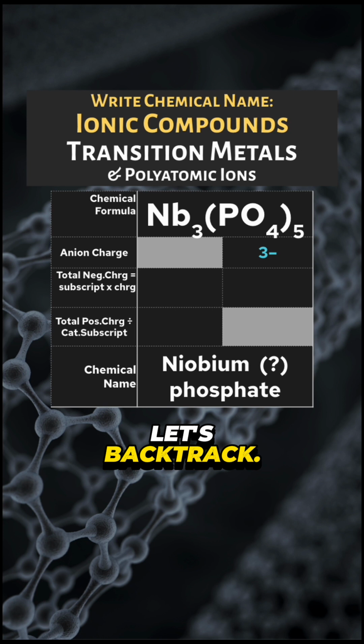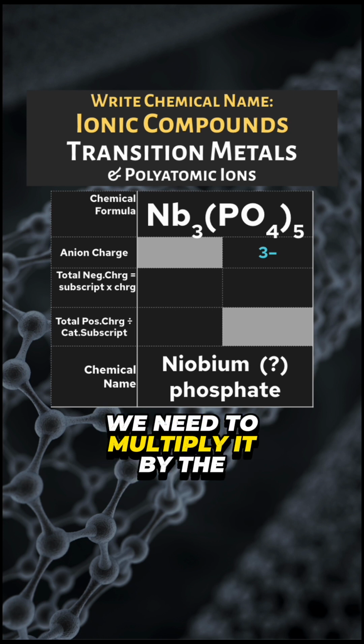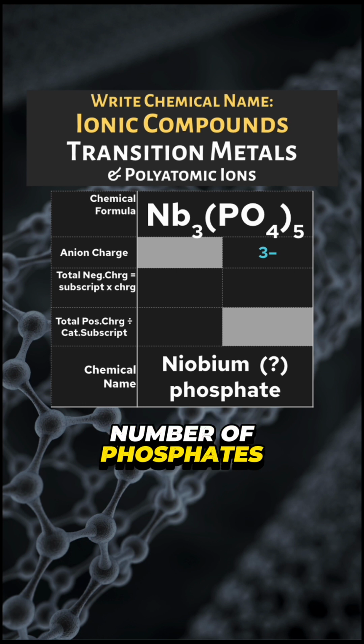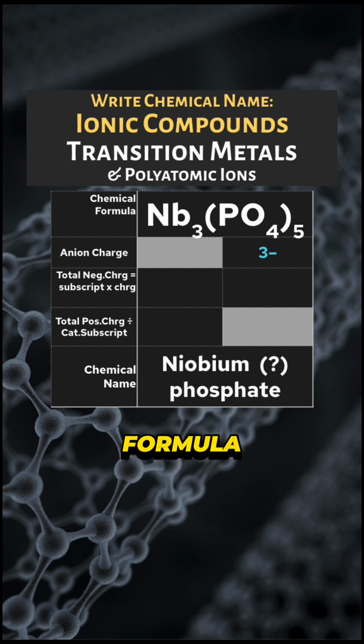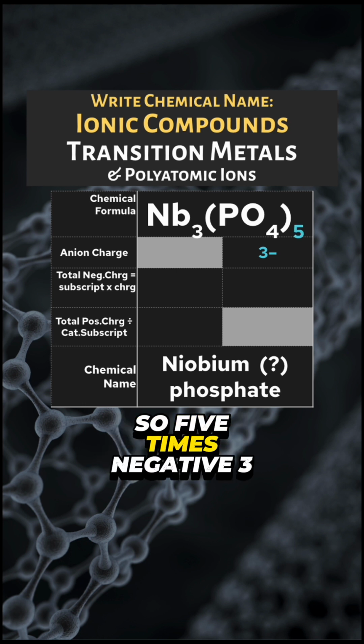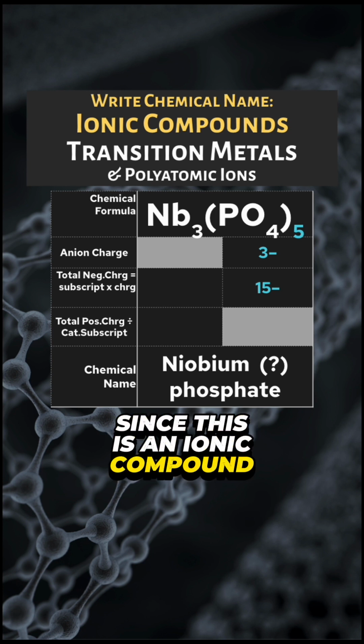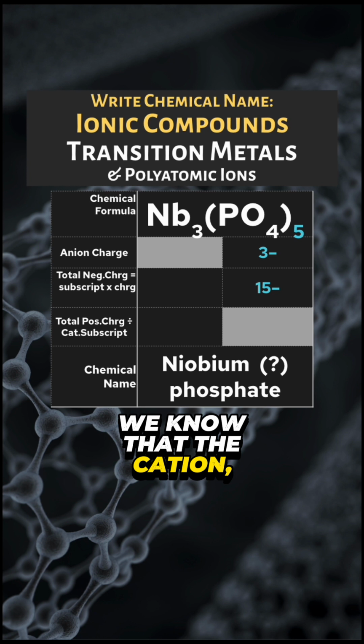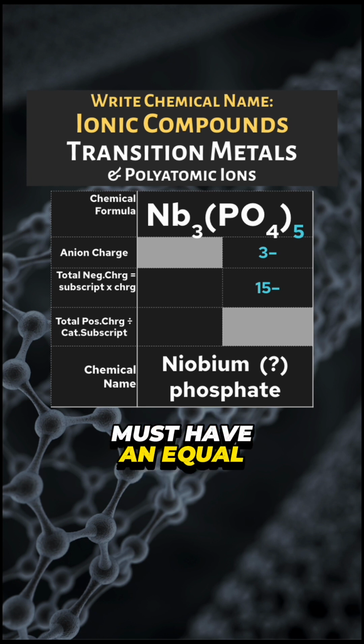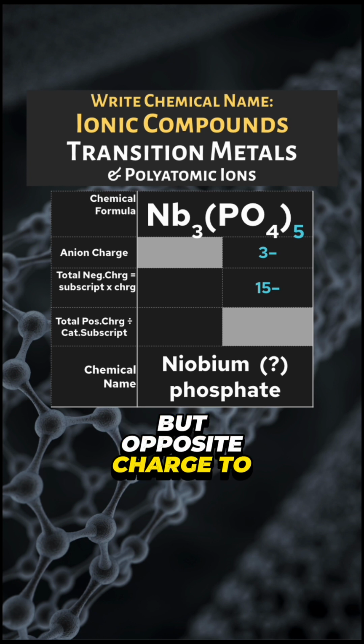Let's backtrack. Now that we know that phosphate has a -3 charge, we need to multiply it by the number of phosphates that are in the chemical formula, which is 5. So 5 times -3 is equal to -15. Since this is an ionic compound, we know that the cation, niobium, must have an equal but opposite charge to the phosphates.